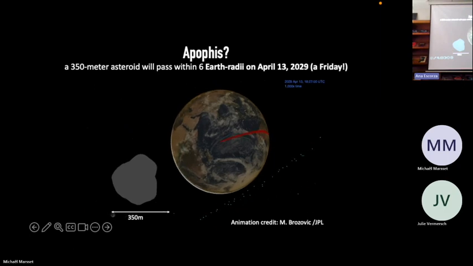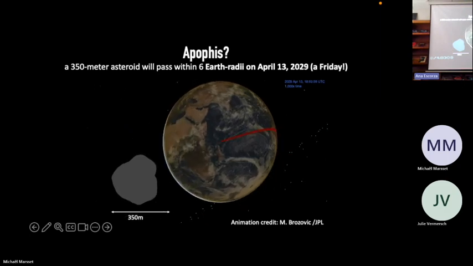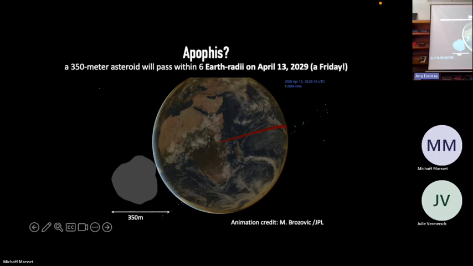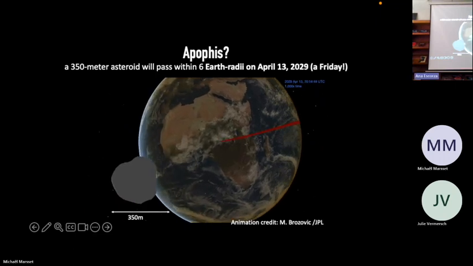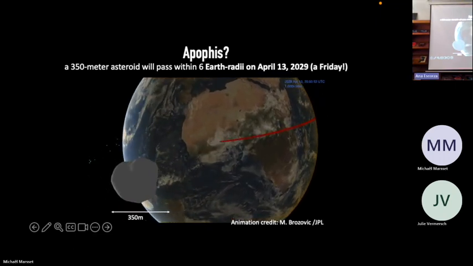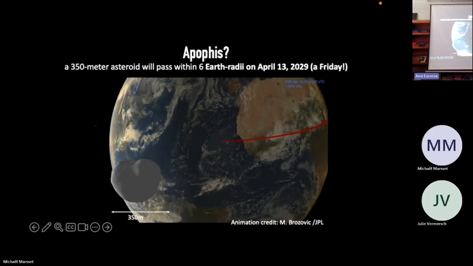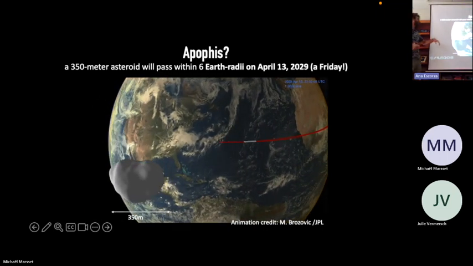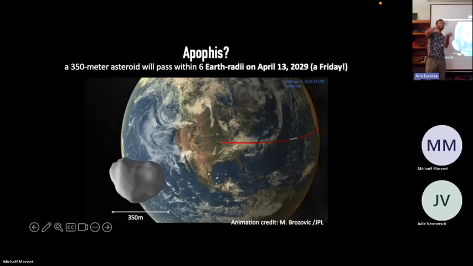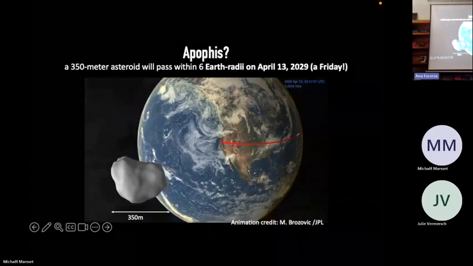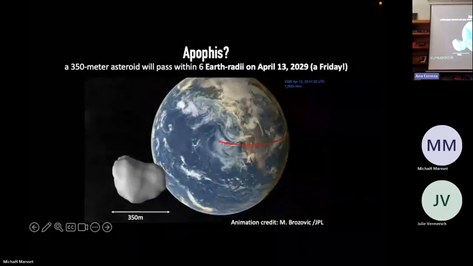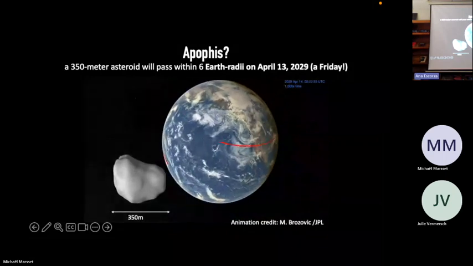Wait for it. Then it will pass above Africa. The closest point will be somewhere in the Atlantic Ocean. And then it will be visible from North America.